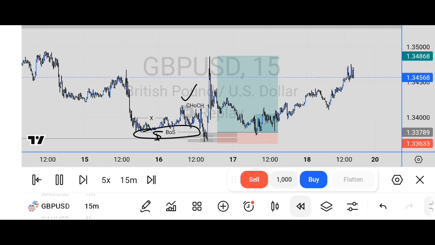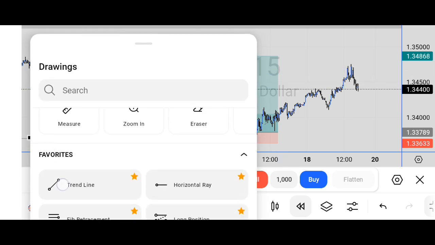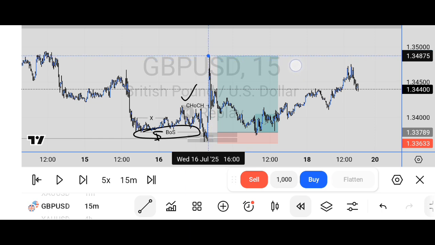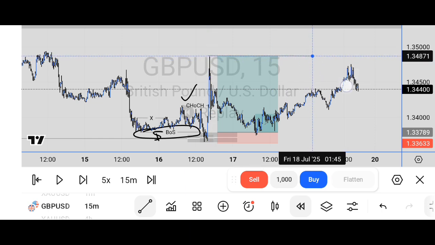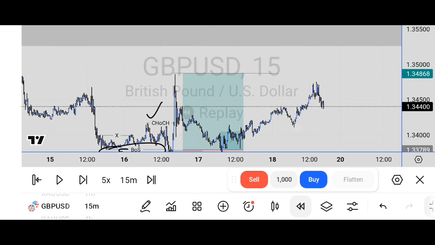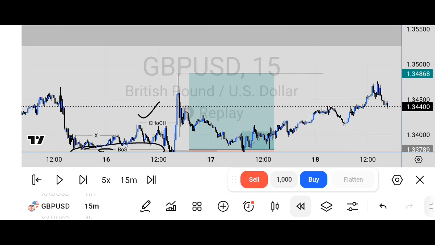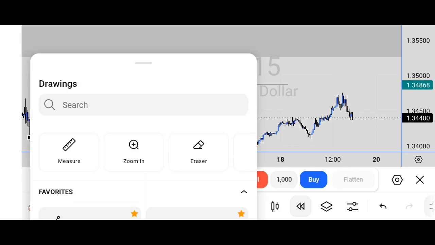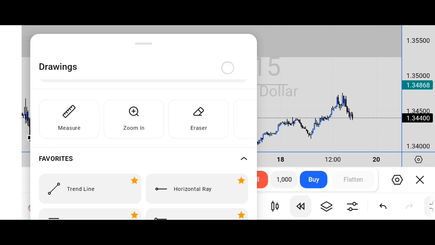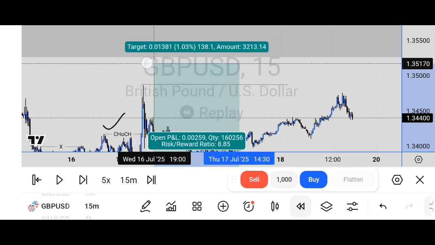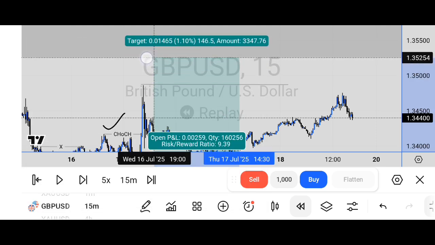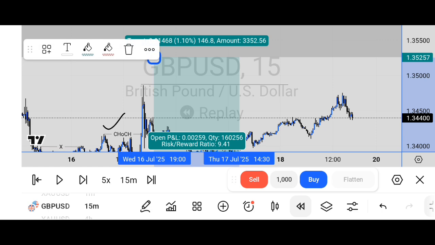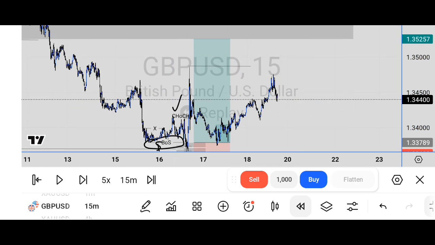So our first take profit is this high right here, which will be our break of high, because we did not take out any inducement here. And our major target will be this internal CHoCH zone. So now let's play the price forward.